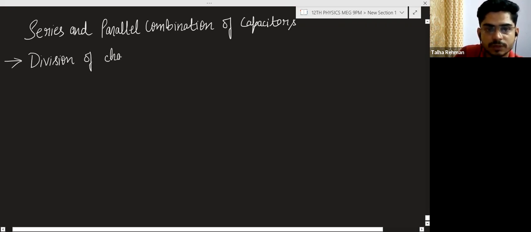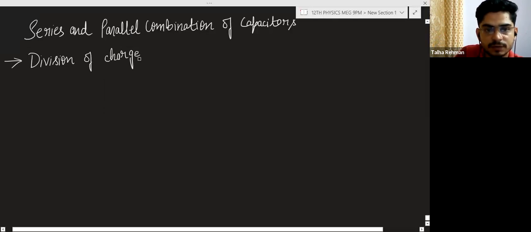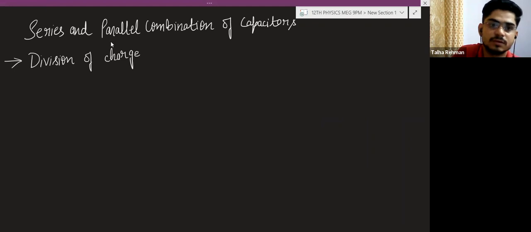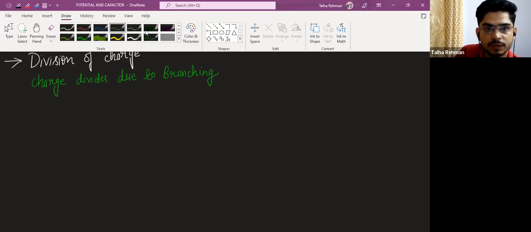Division of charge means how the charge is divided in the circuit. So charge divides due to branching.